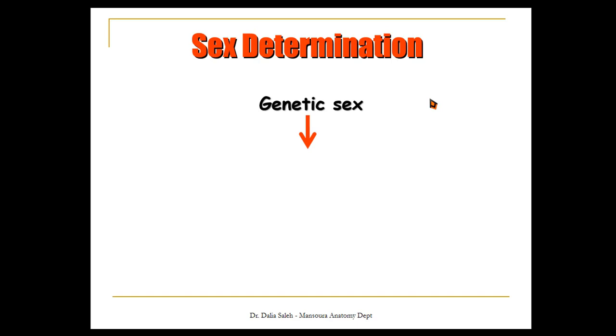Then, according to the presence or absence of the Y chromosome, the gonadal sex is determined. So, if there is a Y chromosome, the embryo is XY or a male, then the Y chromosome will inhibit the formation of the ovary and stimulate the formation of the testes.